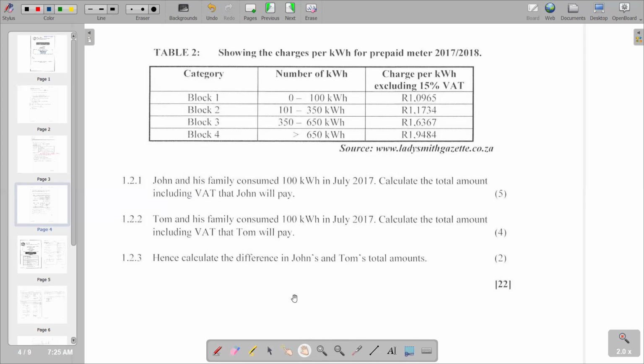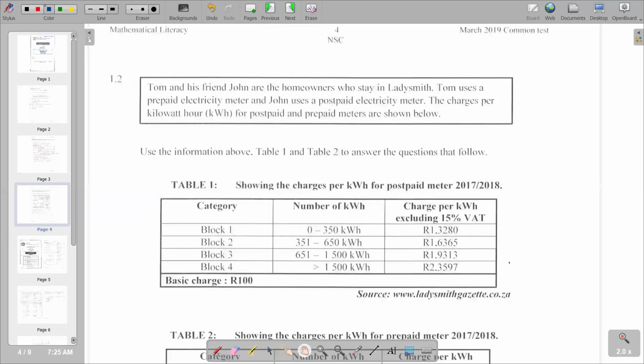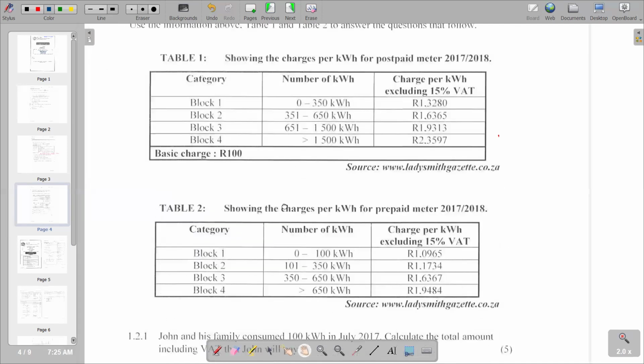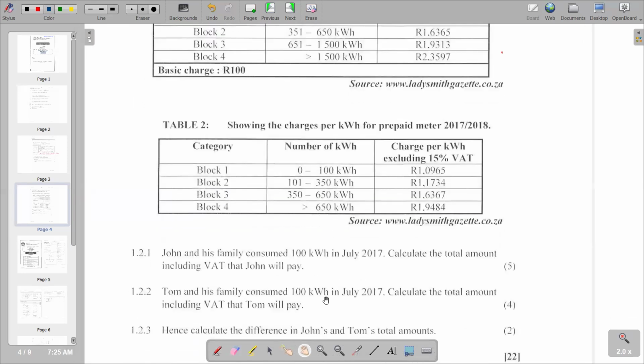If you refer back, you'd see that according to the instruction given, Tom uses prepaid electricity. If you refer down, you'd see that prepaid is given in Table 2.